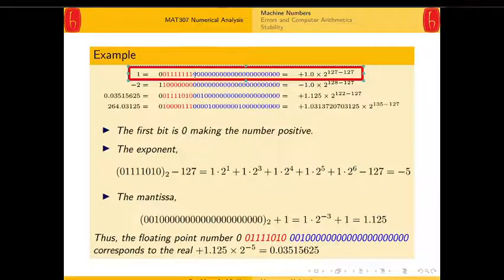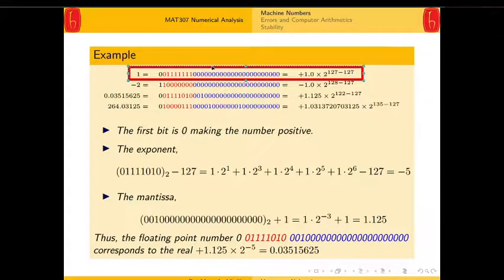Also the mantissa will be all zeros, and we know the hidden 1 is there, so 1.0, so the mantissa will be 1, and the exponent will be 0. Basically 2 to the 0 will make it 1, so 1 times 1 will be just 1.